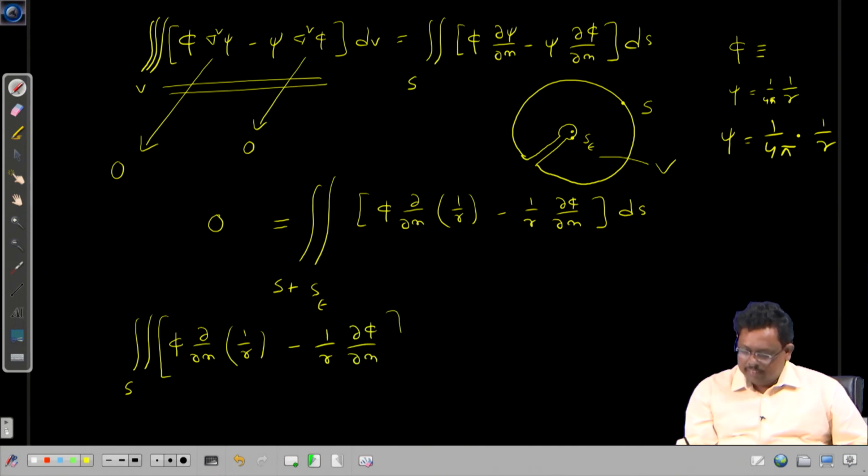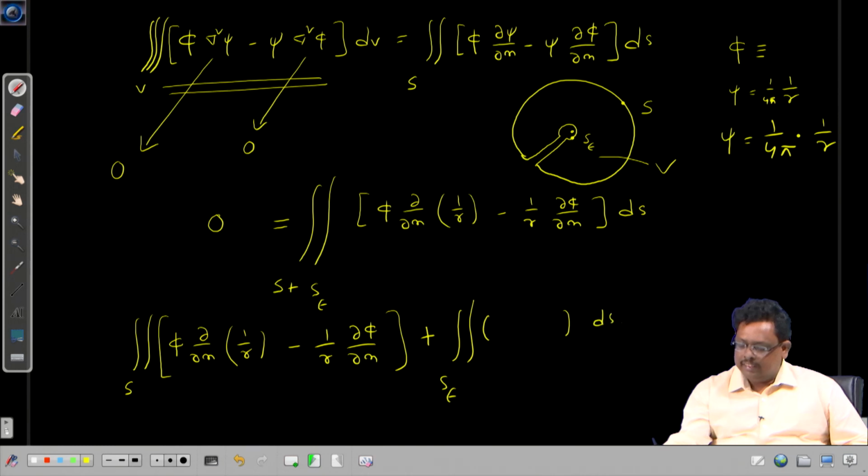What I do is, this S, I split as S plus S epsilon. Then I just add the same thing on S epsilon, and that should be equal to 0. So, I take this to the right hand side.